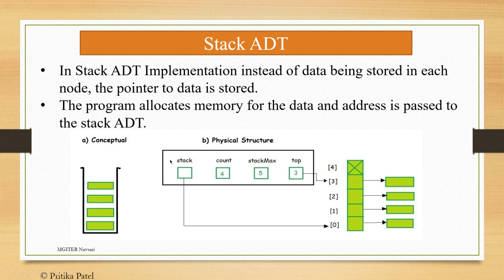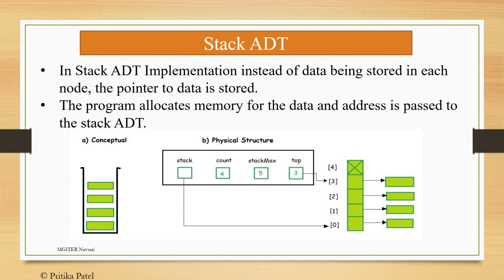But in physical structure, stack has a count and a top pointer. Count and top pointer are for the number of entries currently in the stack, that is, how many elements are currently present in the stack.